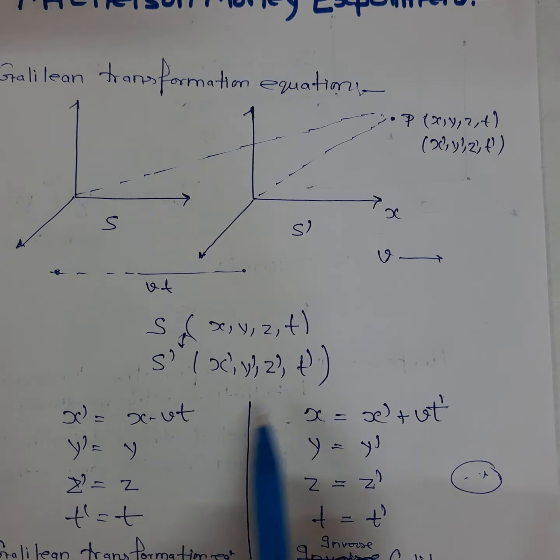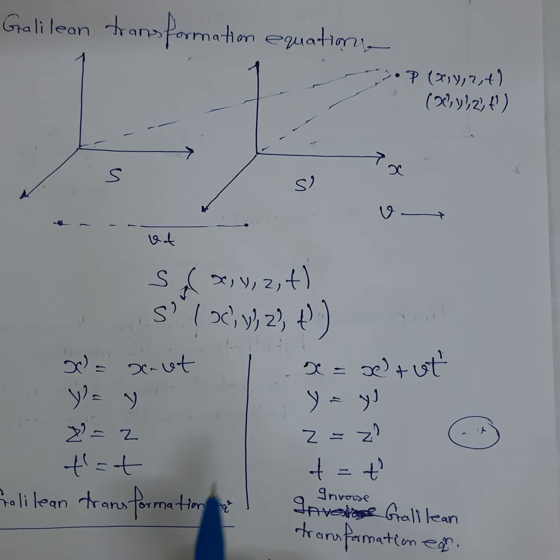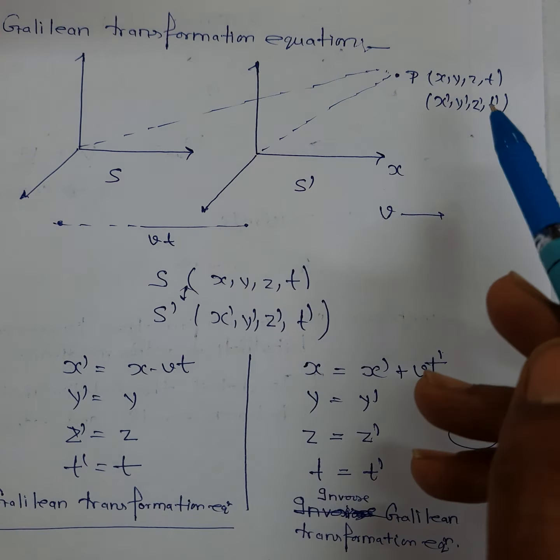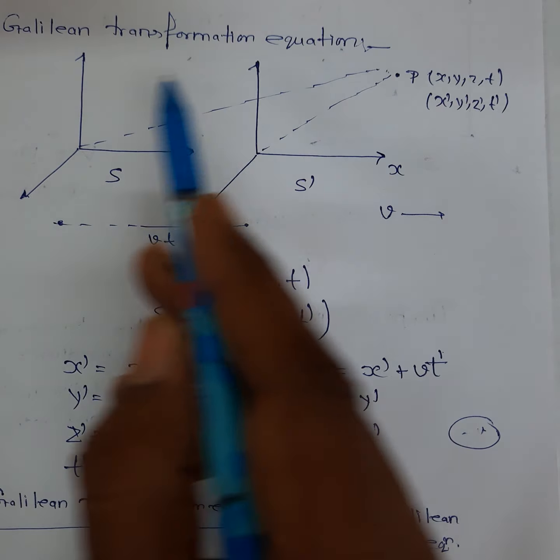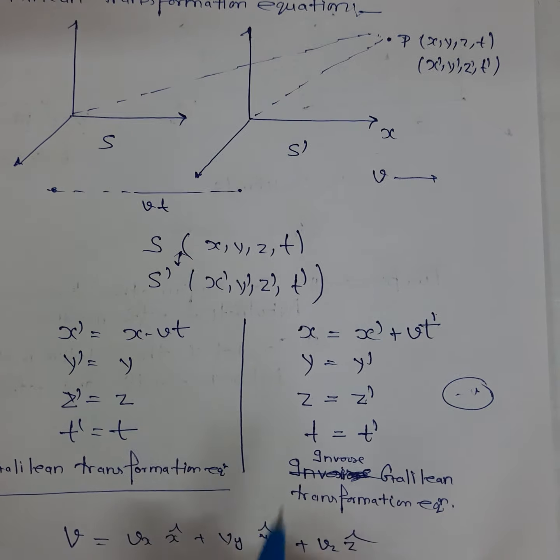So two observers note two different coordinates for the same event. Therefore, we require some transformation equation which can relate the observations of two different frames of reference.